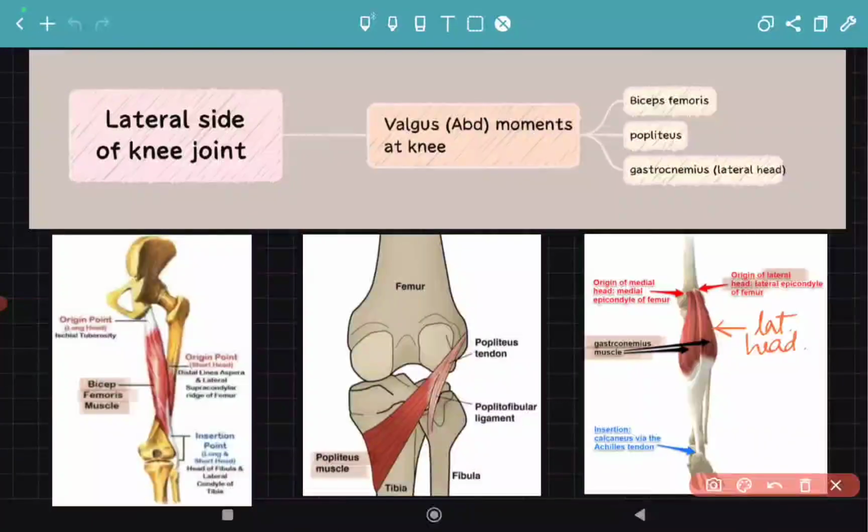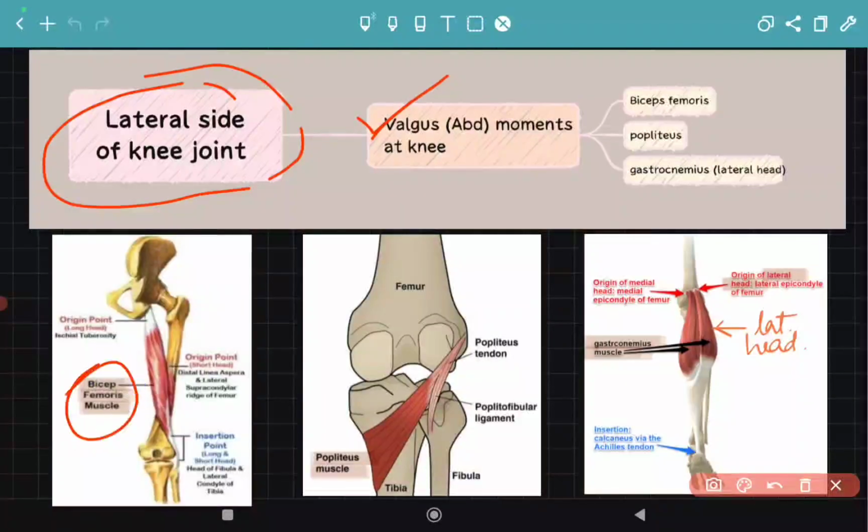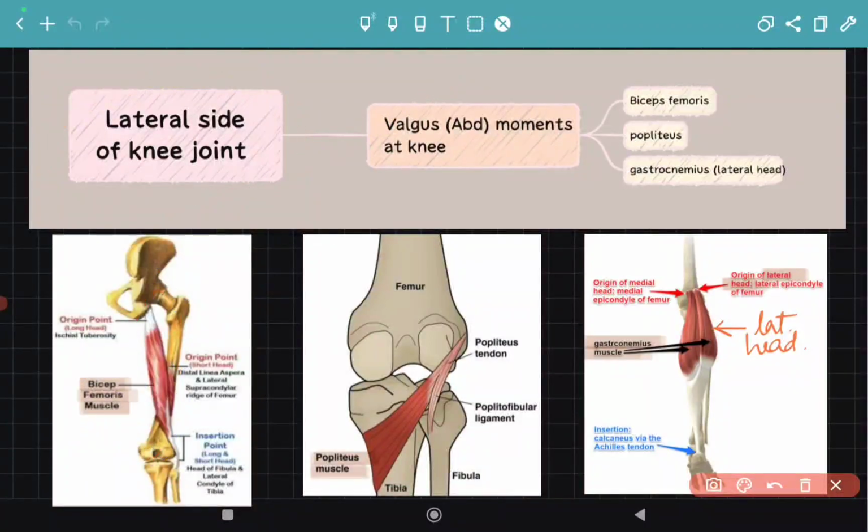Other than this, there are muscles producing valgus or abduction movements at the knee, which are located mainly at the lateral side of the knee joint. We can appreciate this in those diagrams. First is biceps femoris, both long and short head. They are at the lateral side of the thigh, we know that, or lateral side of the knee joint inserting here.